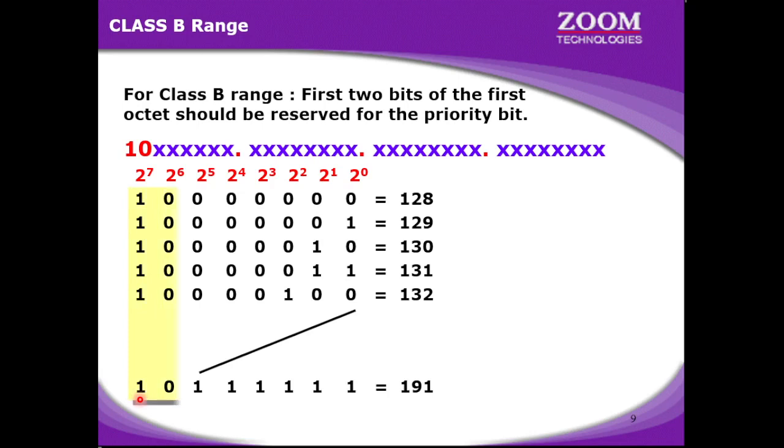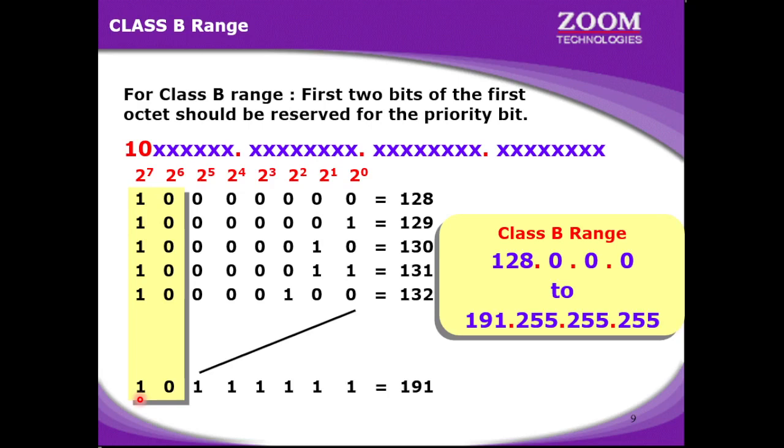Okay? So, Class B range is 128.0.0.0 to 191.255.255.255. Yan po yung range ng Class B. Ano naman po ang kasunod nito? Pag pinlus 1 mo po yan, it's 110 na yung next.